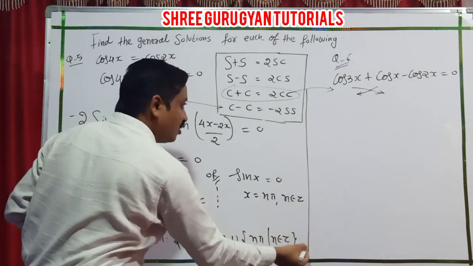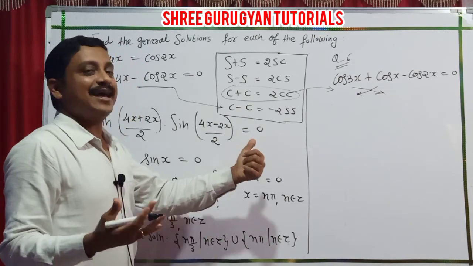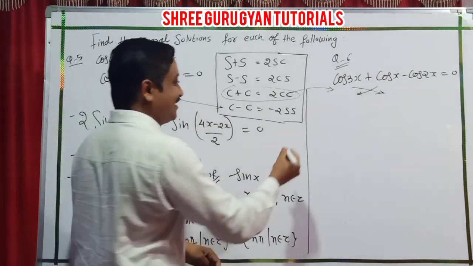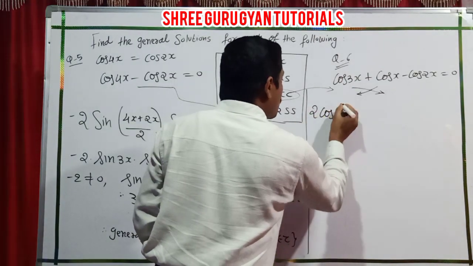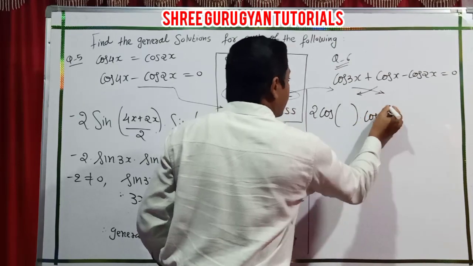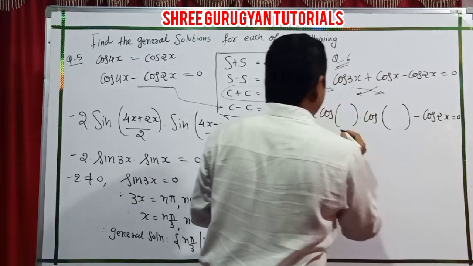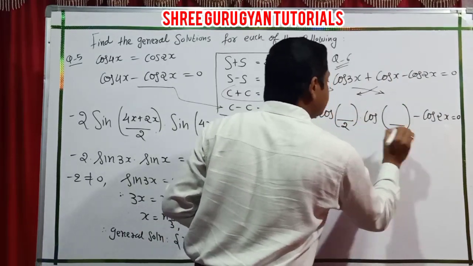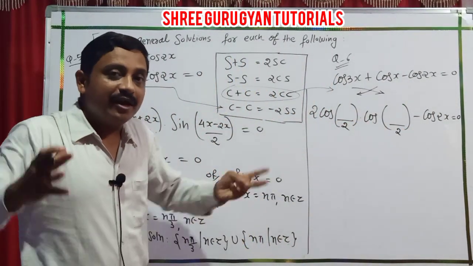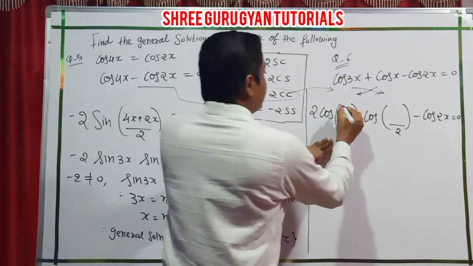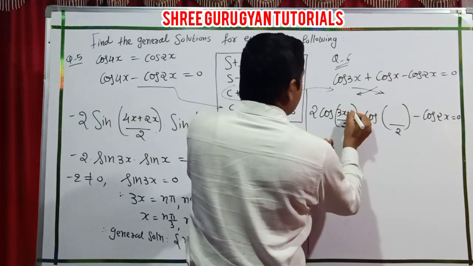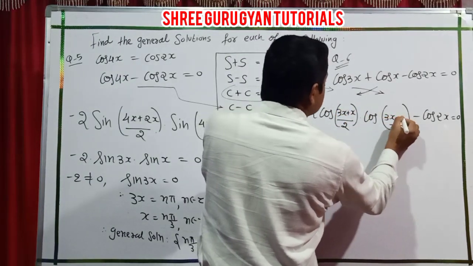And what is the value of cos plus cos? Yes, 2 cos cos. The angle is divided by 2, adding both angles 3x plus x and subtracting both angles 3x minus x.